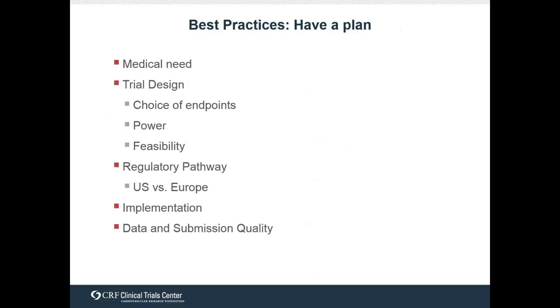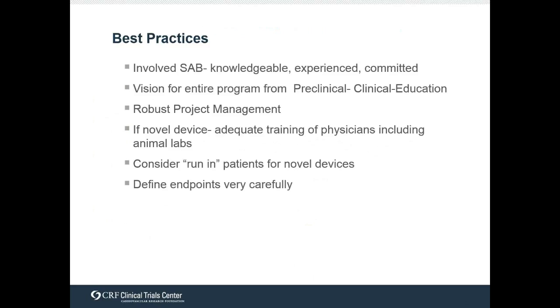Regulatory pathways have to be defined, US versus Europe, and these days we're seeing earlier entry again through EFS and other pathways into the US market, so the two have to be harmonized. Implementation is extremely important, so having the professional team that actually does its work efficiently is extremely important, but ultimately it's really the quality of the data and the quality of the submission that will carry the day.